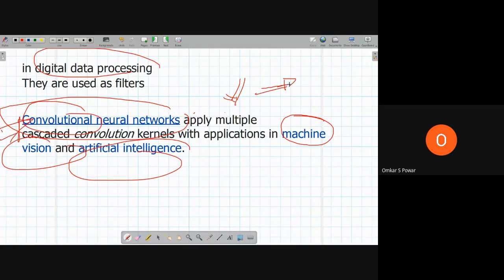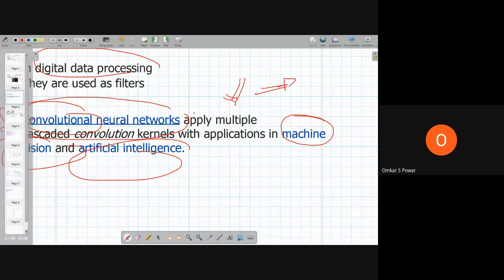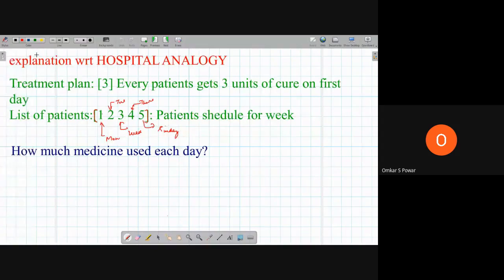Now, I told you I'm going to explain convolution today. But if you ask any lecturer, he will just begin with the equation: convolution of f of t and x of t, summation k equals minus infinity to infinity, f of t into h of t minus k, like that he will say.